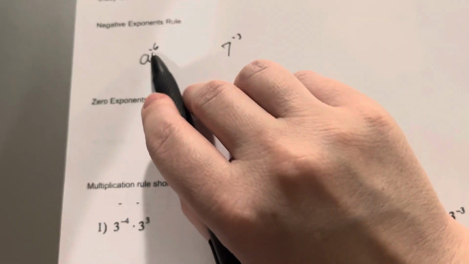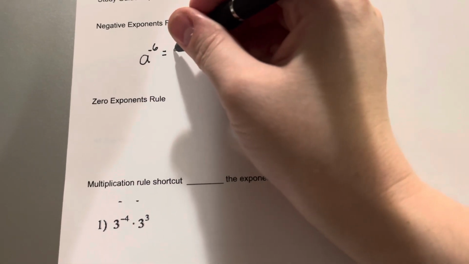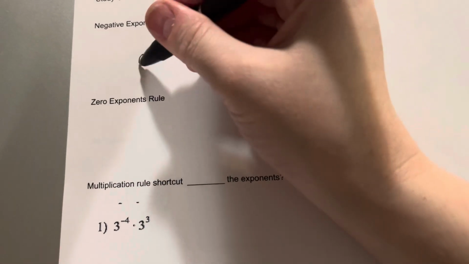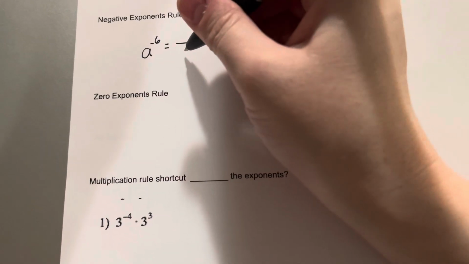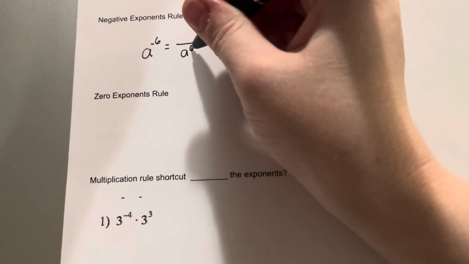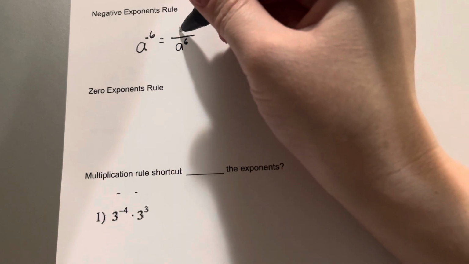Remember that the negative up there means we need to create a fraction. And anything that is negative needs to go down into the denominator so it can become positive. Now, since there's nothing up here, we're going to put a 1 just as a placeholder.